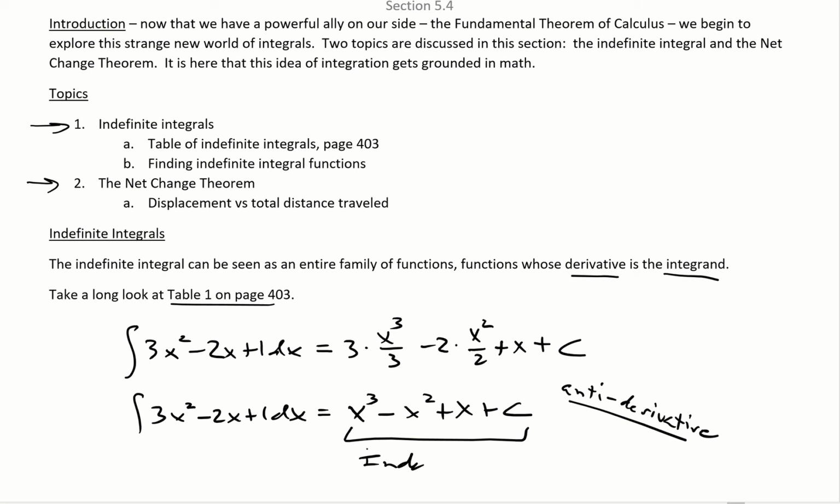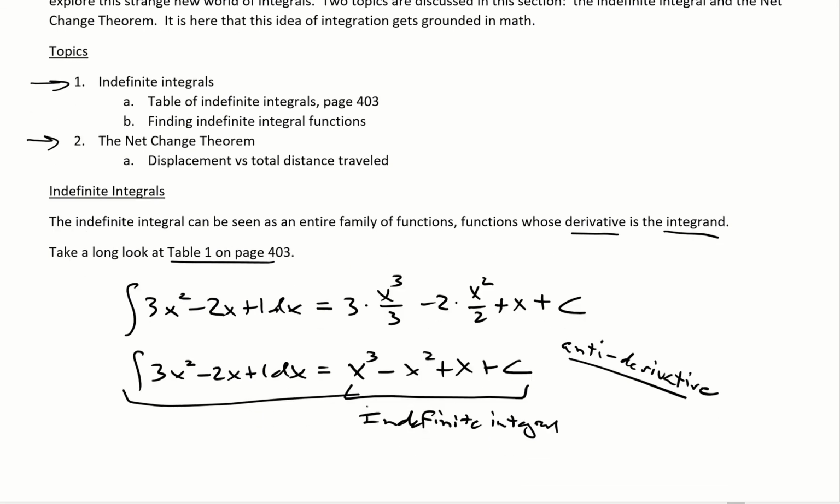All of it together, the indefinite integral. Indefinite in that there are no limits. Okay, so all of this together is a statement. It says the indefinite integral of 3x squared minus 2x plus 1 is x cubed minus x squared plus x plus c. And you can write that out if you want to.